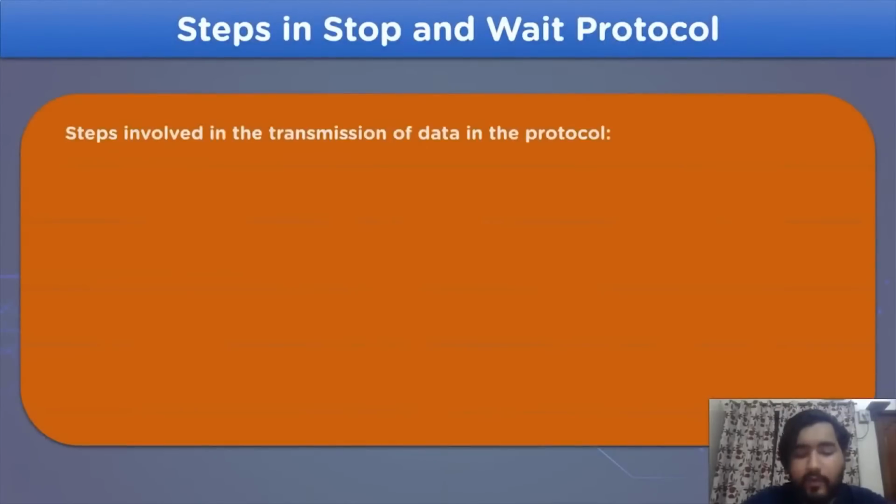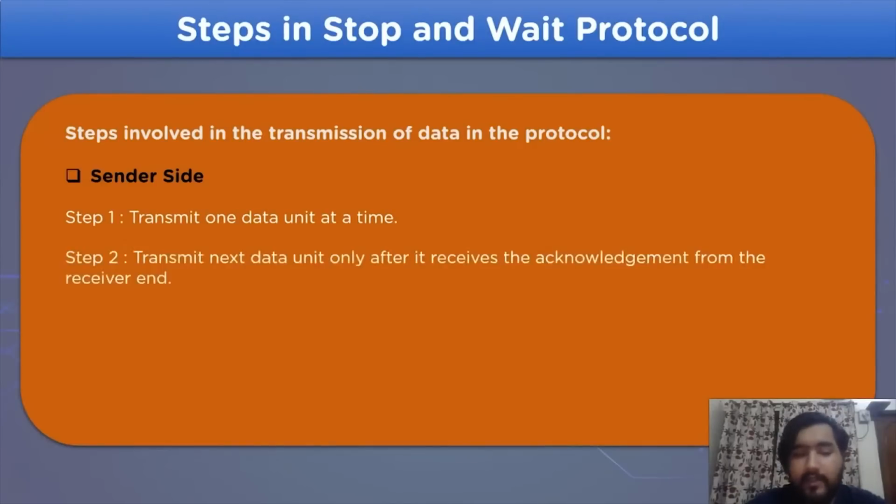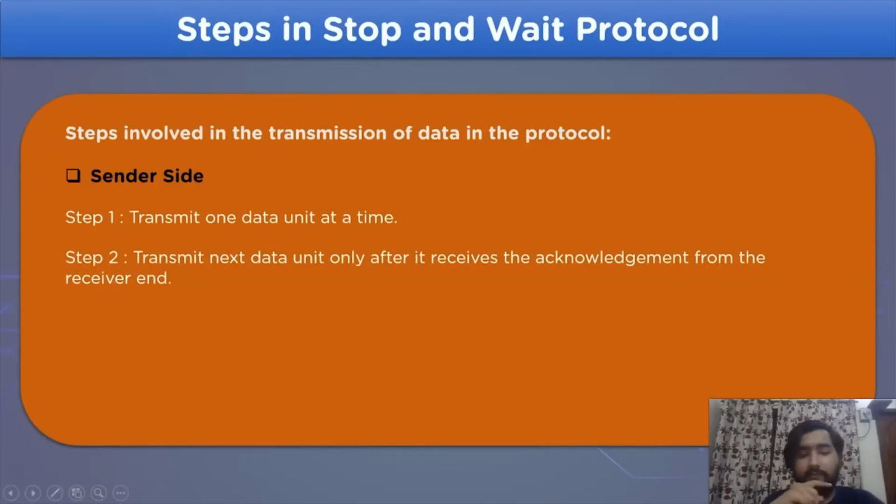The steps for this protocol are divided into two parts, sender and receiver protocol. Let's start with the sender side. The first step is to transmit one data unit at a time to the receiver end by the sender side. The next step is to transmit the next data only after we receive the acknowledgement from the receiver end.